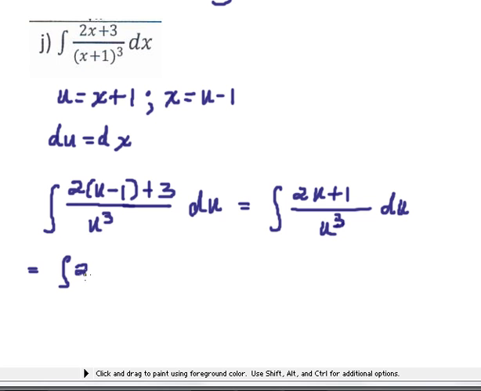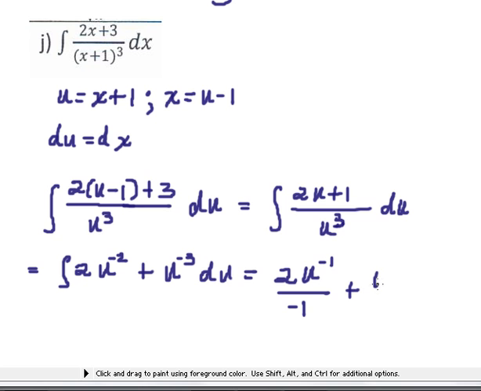And we have 2u divided by u cubed, that's u to the minus 2, plus 1 over u cubed, u to the minus 3, du, that's equal to 2. Now we're doing the power rule. Add 1 to minus 2, so that's 2 times u to the minus 1 divided by minus 1, plus u to the minus 2 divided by minus 2, plus c.